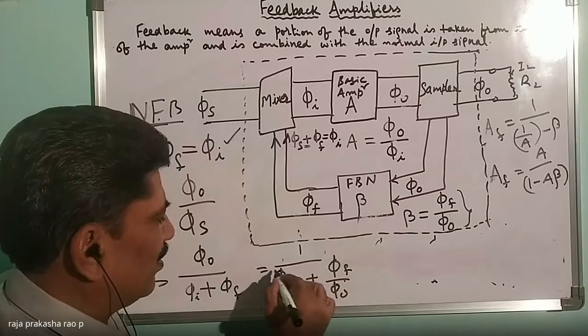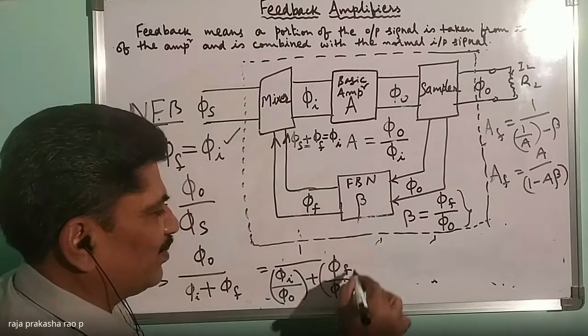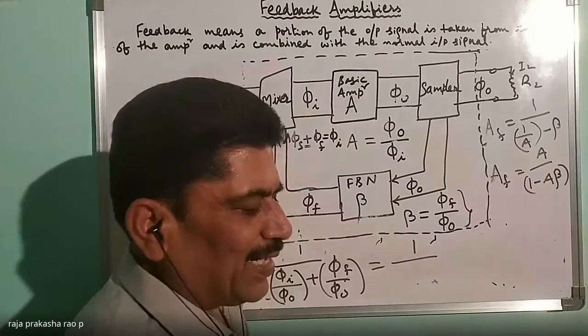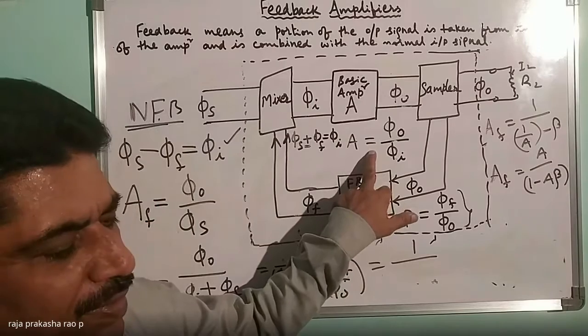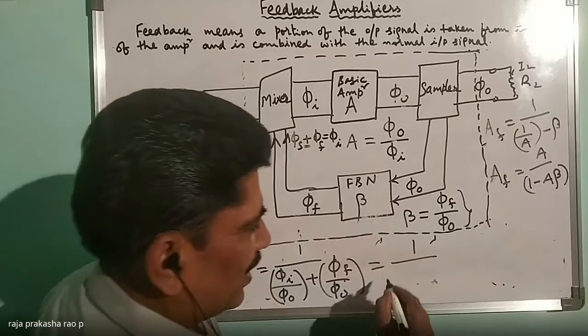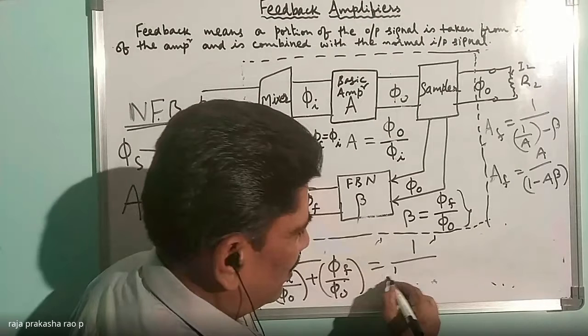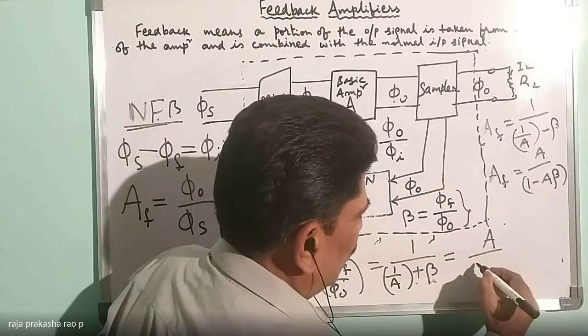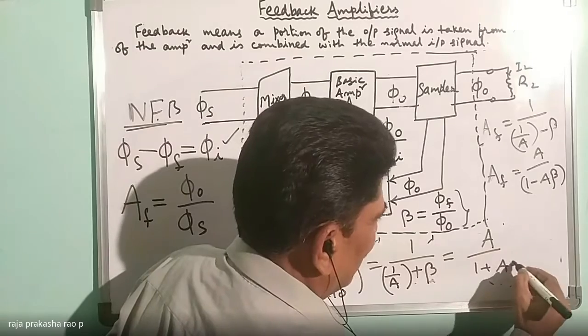Tell me now, what is Vi by Vo? 1 by A. Good. Plus Vf by Vo is beta. It gets reduced to A by 1 plus Aβ.